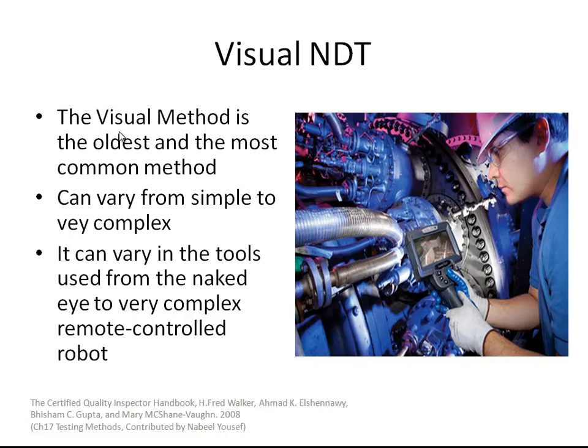When we say simple, just by looking using the naked eye to verify a break in a certain item or a certain part in a machine, to a very complex remote control robot, especially if the place that we need to get to is very tight, or it has hazardous material, or if we need to use it like in space.